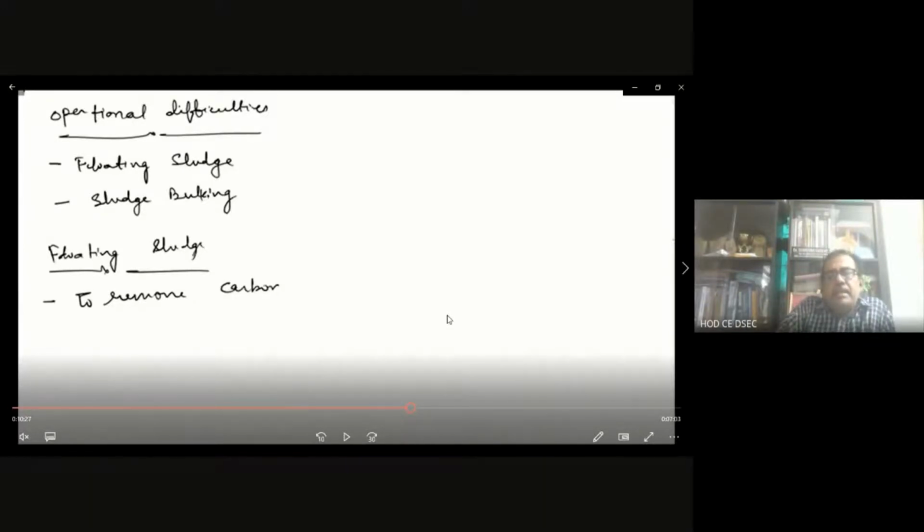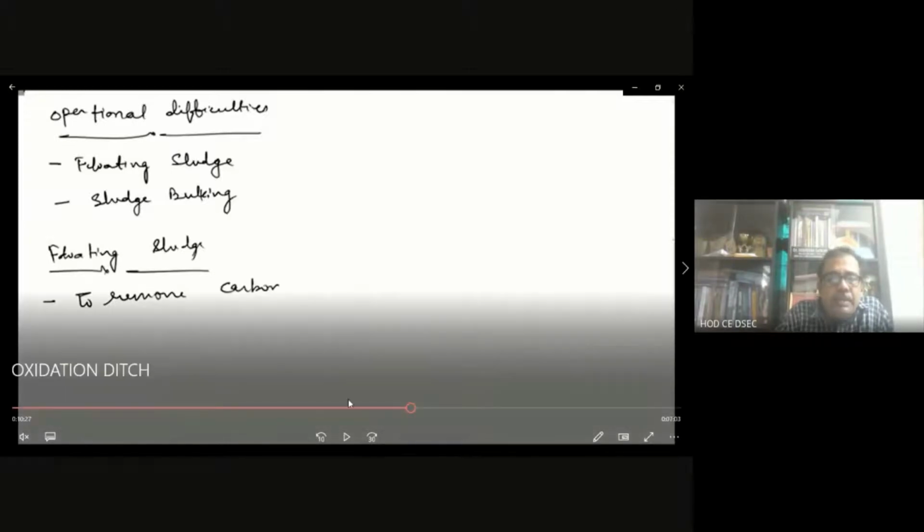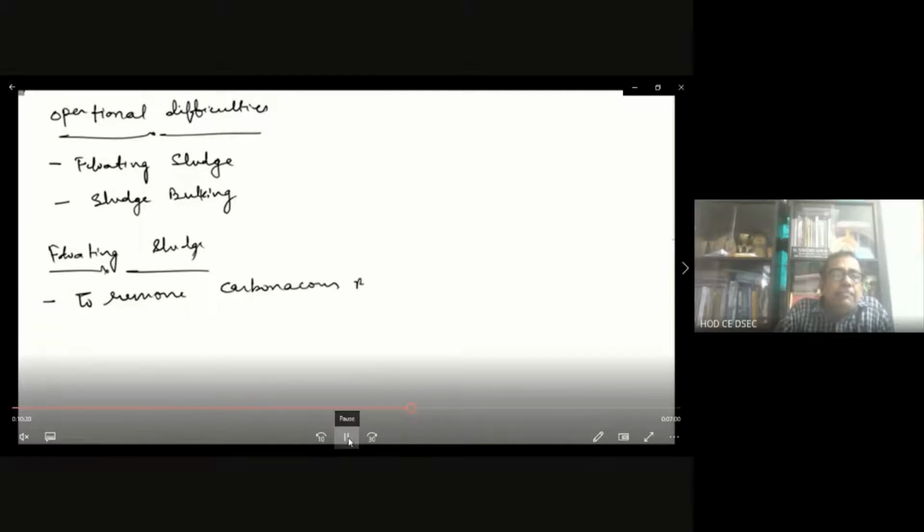Simultaneously, if inadequate aeration is there, then sludge bulking will be formed. Let me show you how it is being done. Suppose floating sludge, as I have told you, is to remove carbonaceous BOD only.